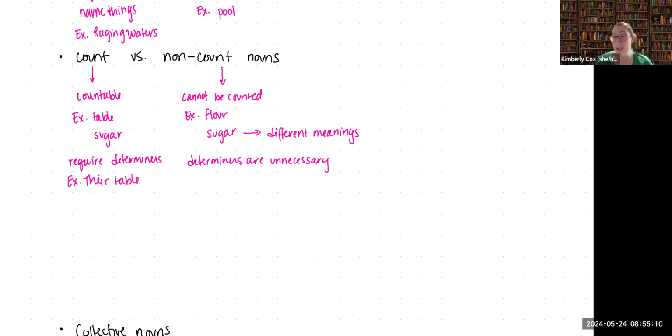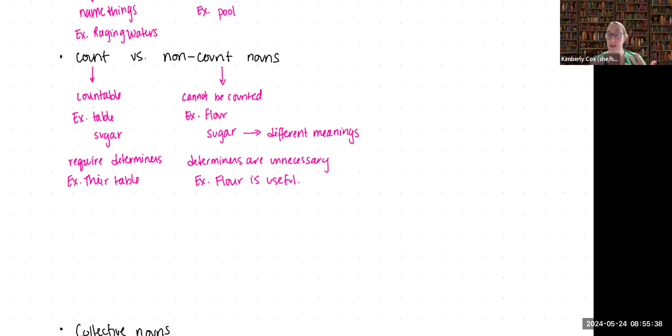But I don't have to say their flour. I could say flour is useful, right? All on its own. I wouldn't say table is useful all on its own. So it does become interesting as you start looking at some of those distinctions.